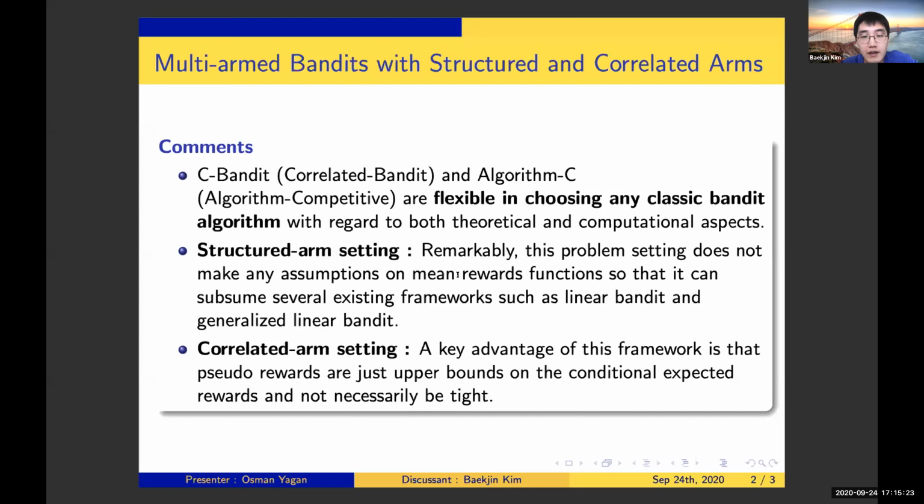For correlated bandit, at first glance, the assumption that pseudo rewards are given as prior knowledge seems quite unrealistic in practice, though they can be obtained through domain knowledge or surveys. But a key advantage of this framework is that pseudo rewards are just any upper bounds on the conditional expected rewards, and thus not necessarily tight. Is it correct? So this loose upper bound can be obtained even with a small data set. That is the comment.